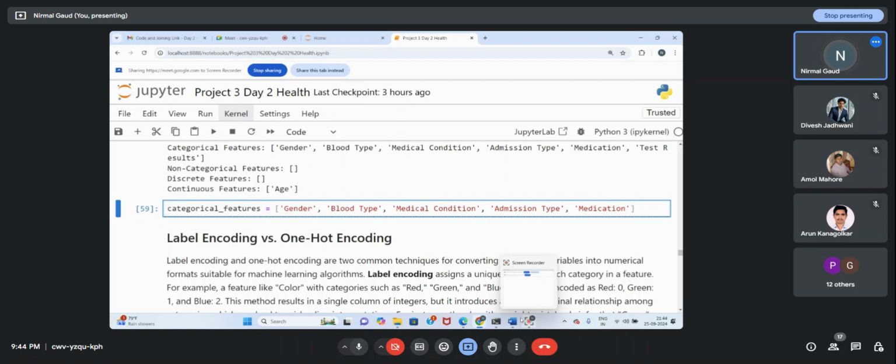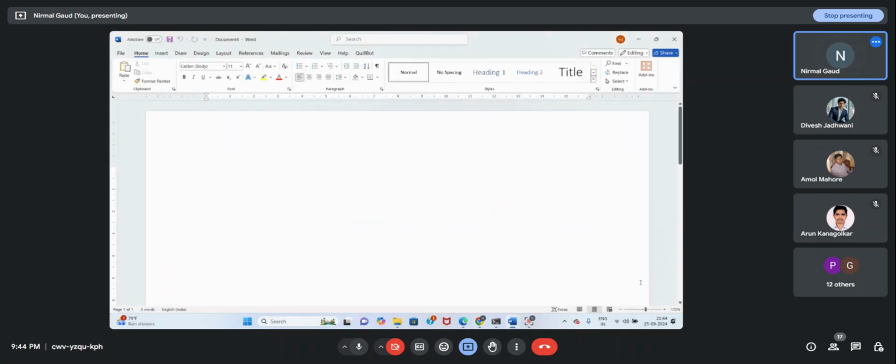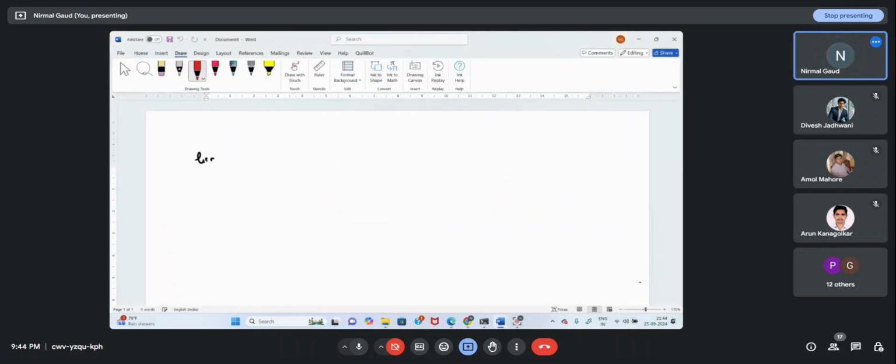Gender. What do you think? Should we label encode gender? Are gender labels male and female in some order? Can I put them in this particular format, male is below and female is above? Because label encoding is done in this scenario only.